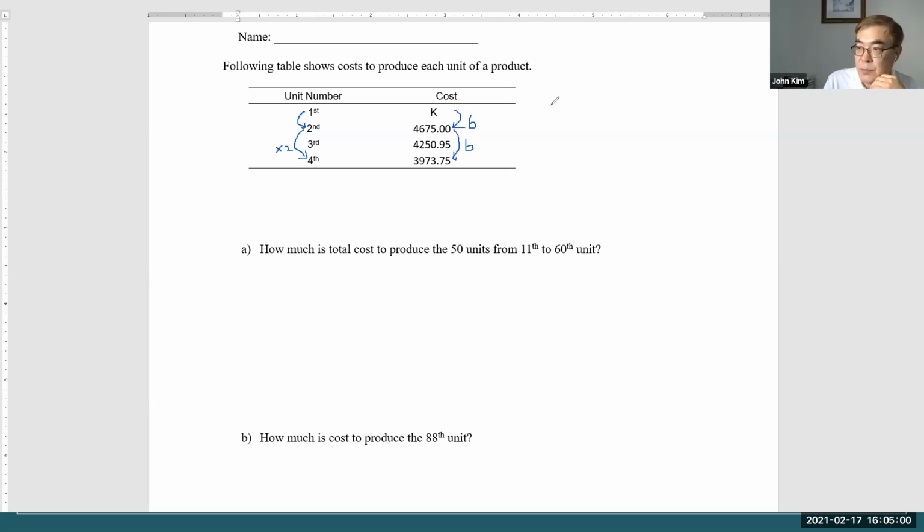The relationship is Y fourth equals Y second times B, right? So we need B equals Y fourth divided by Y second.